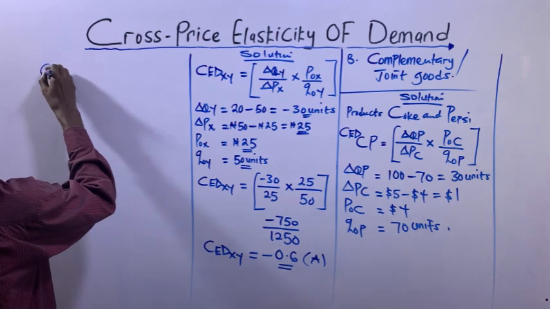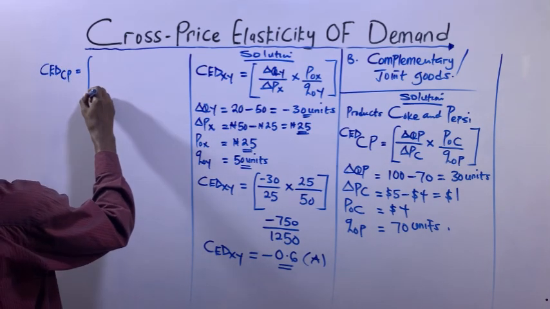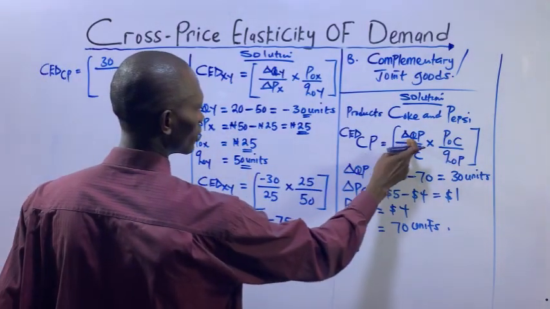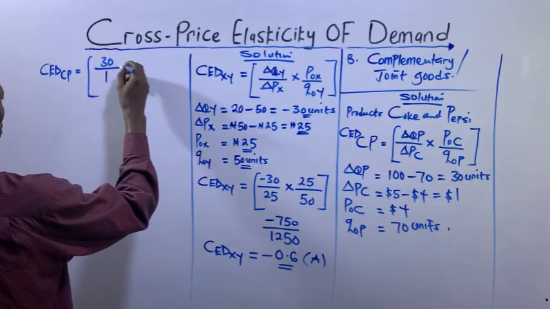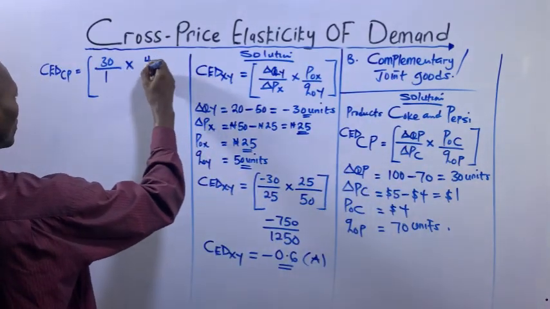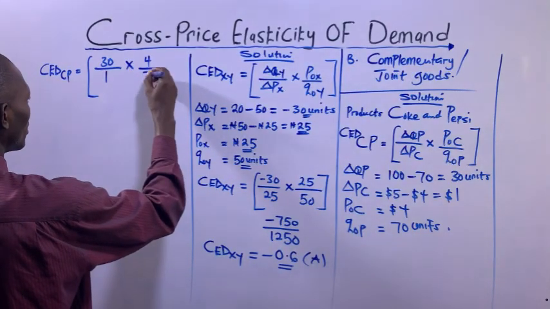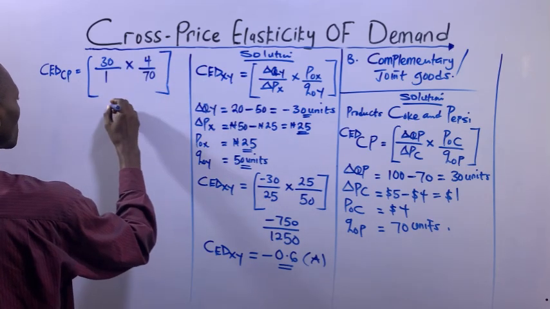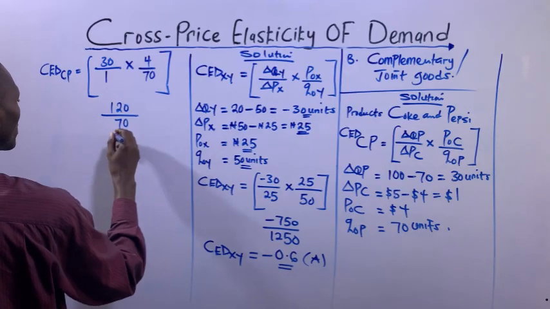So cross price elasticity of demand for Coke and Pepsi. We got change in the quantity of Pepsi to be 30, change in the price of Coke to be 1, divided by 1 times the old price of Coke, which is 4. Then the old quantity for Pepsi is 70. Then 30 times 4 gives us 120, divided by 1 times 70, that's 70.